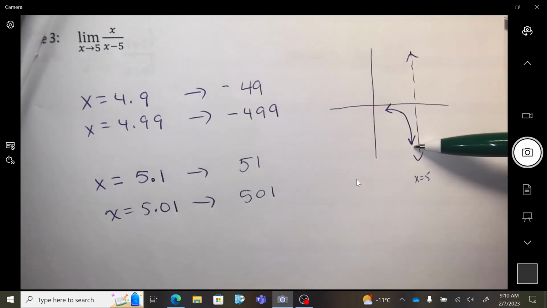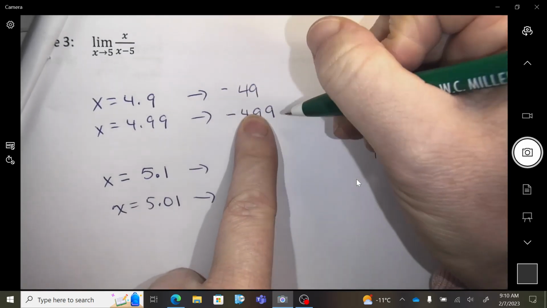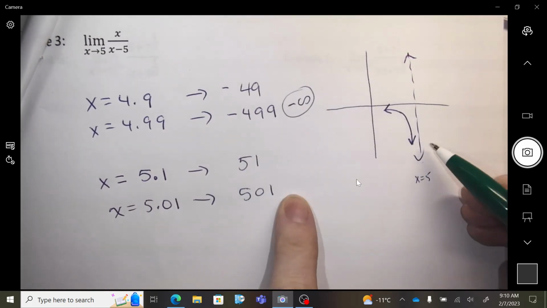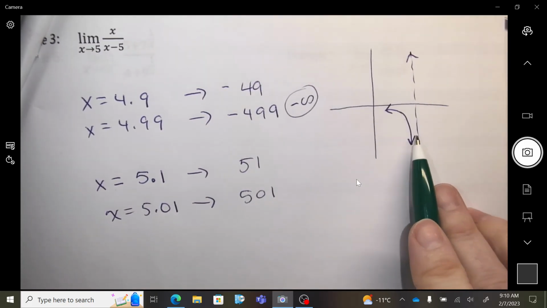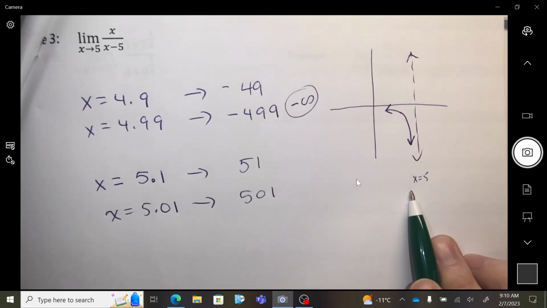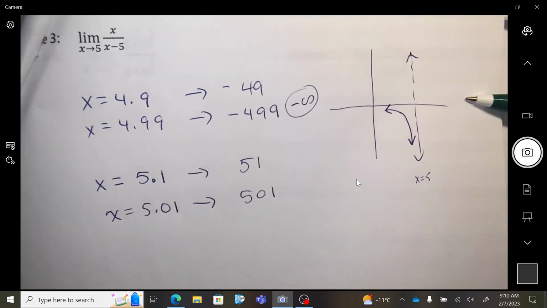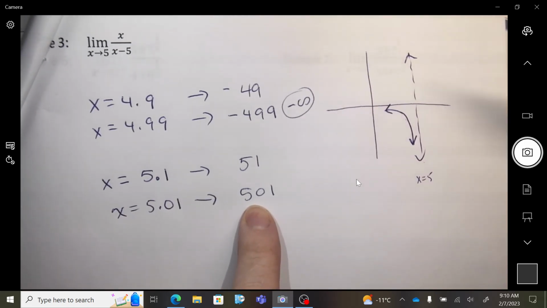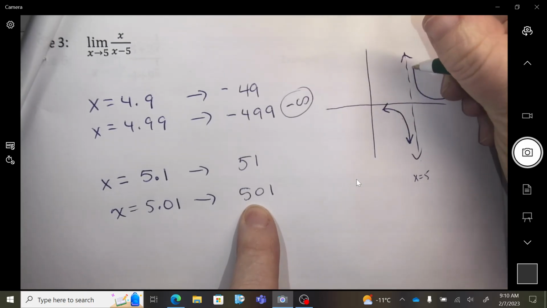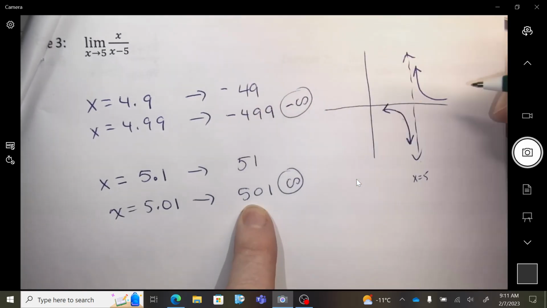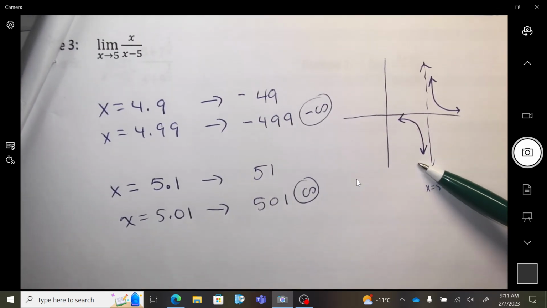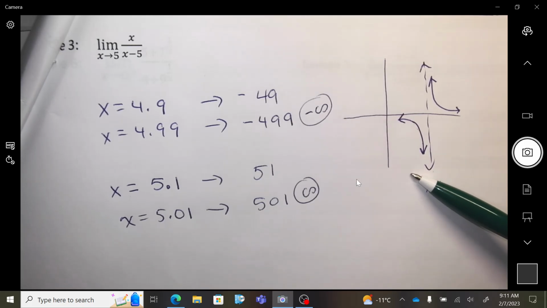Because look at it. It's going towards negative infinity, right? As the graph got closer to 5, your curve is shooting down. What's happening as I move this way? As I got closer to 5, it is shooting up to infinity. So as I got closer to 5, did I reach an exact certain value? No.